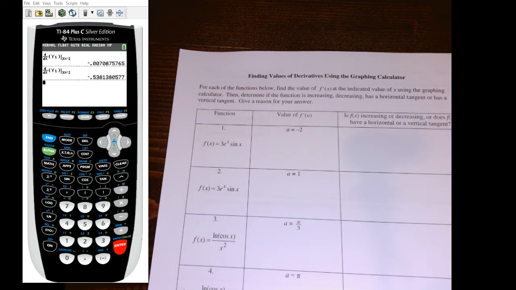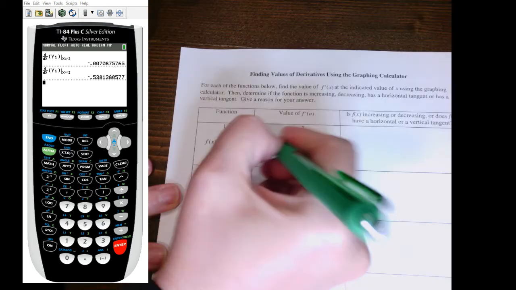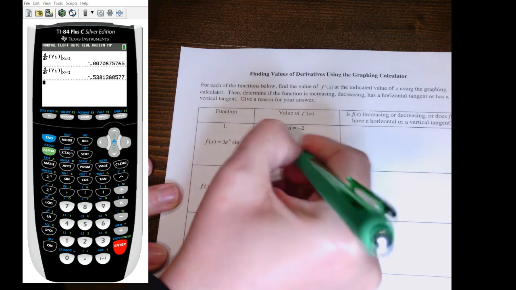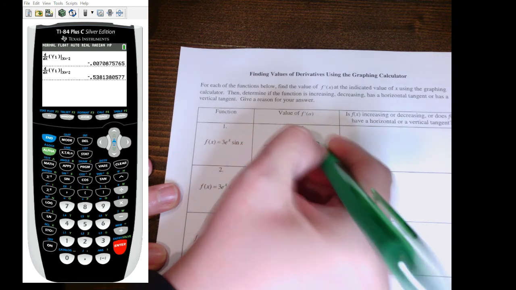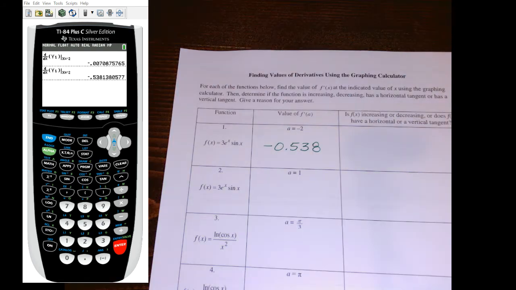Take a minute, see if you can get negative 0.538. You got, was it a syntax error, Catherine?